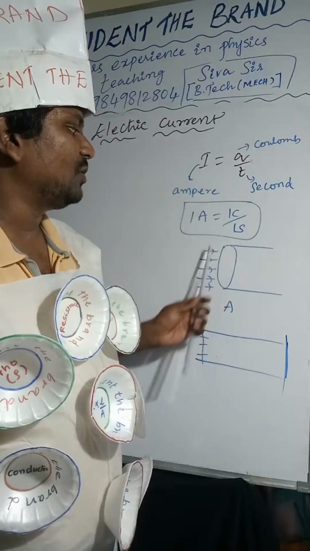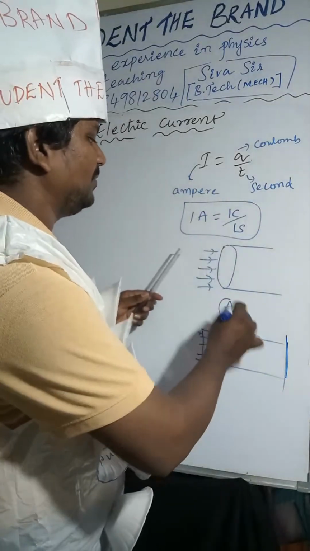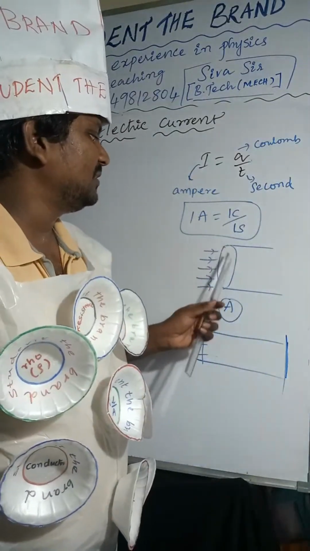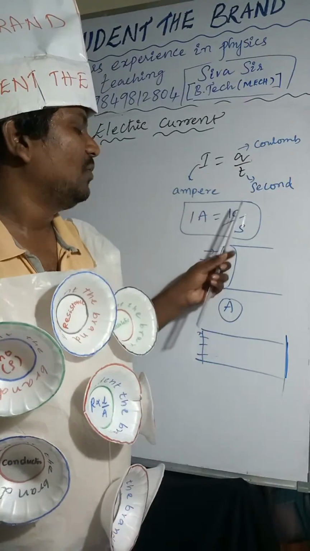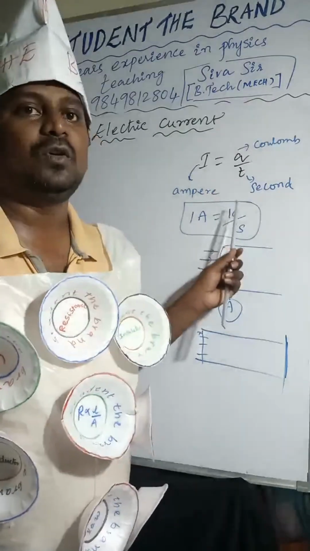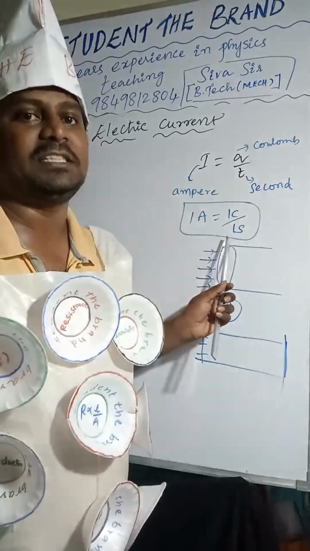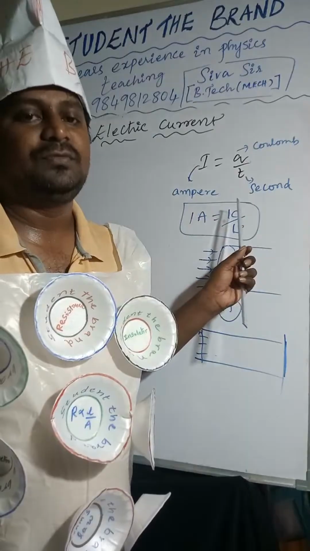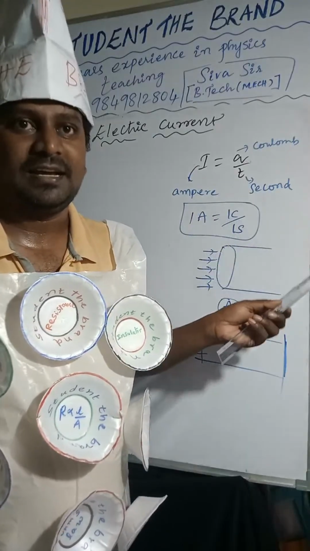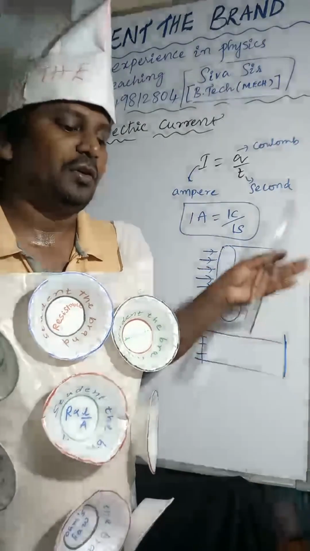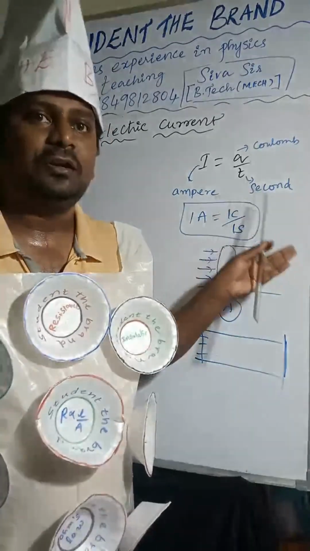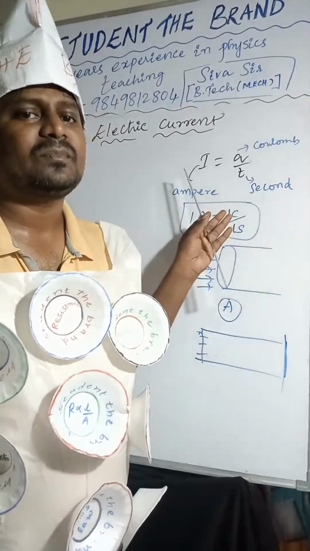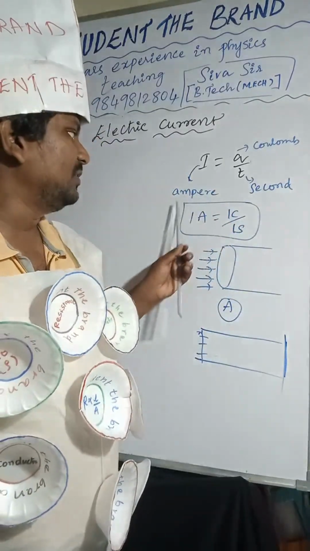So this is the area of the cross section. 1 coulomb of charge flowing through unit cross section area per second is called 1 ampere. So define 1 ampere.